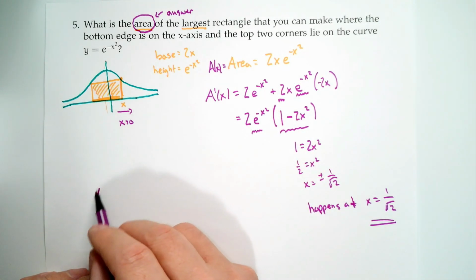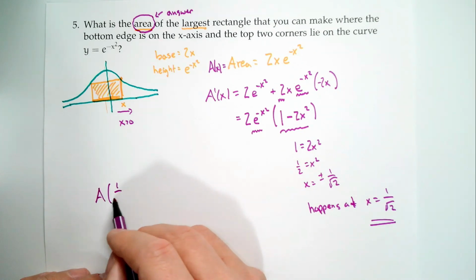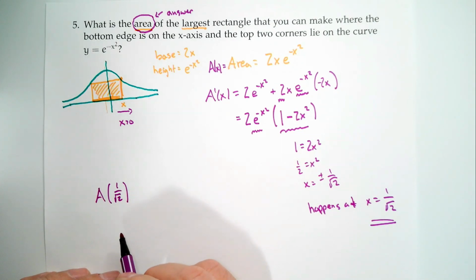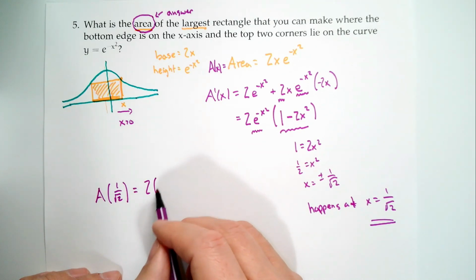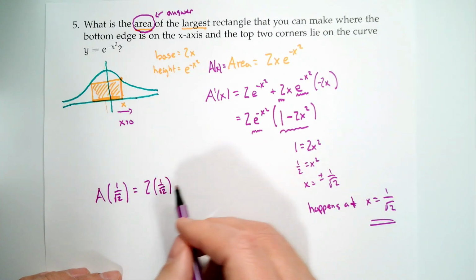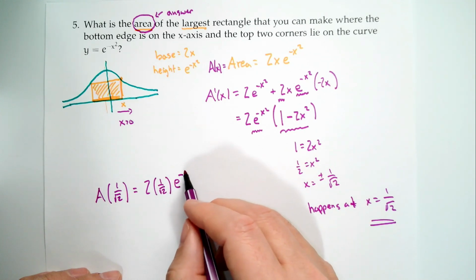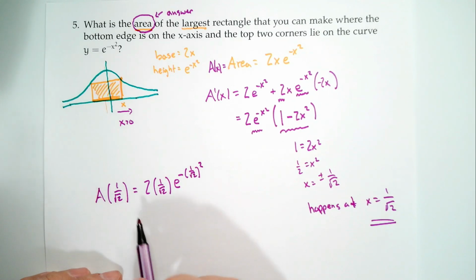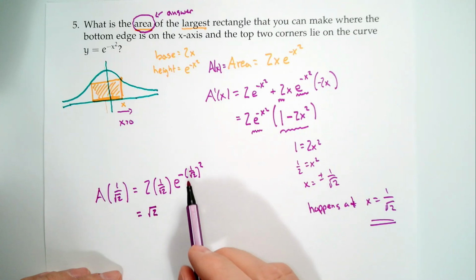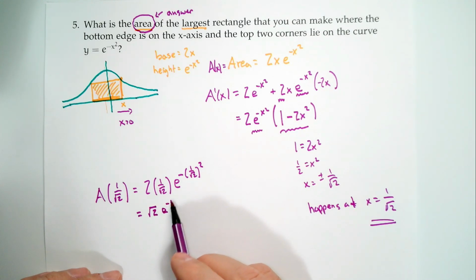So our area at 1 over root 2, that's our maximal area, is equal to 2 times 1 over root 2 times e to the minus 1 over root 2 squared. Now, we can clean this up a little bit. 2 divided by root 2 turns out to be square root of 2. And this is e to the minus a half.